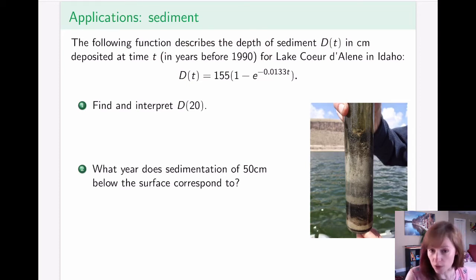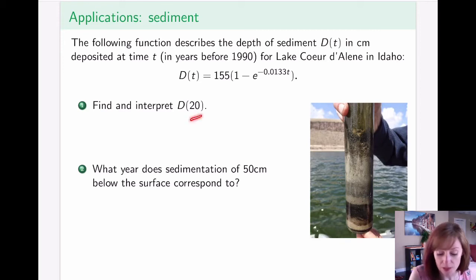It is important in word problems to pause for a minute before you start doing any math or arithmetic and actually understand what the function represents. For example, if I plug in t equals 0, this turns into 1, 1 minus 1 is 0, so the whole thing is 0. So the year 1990, or the year 0, corresponds to the very top of that column.